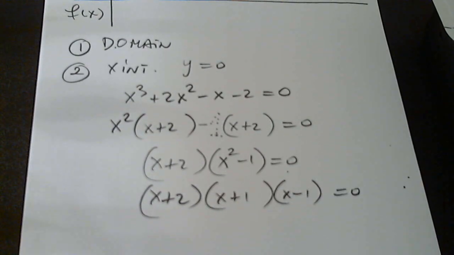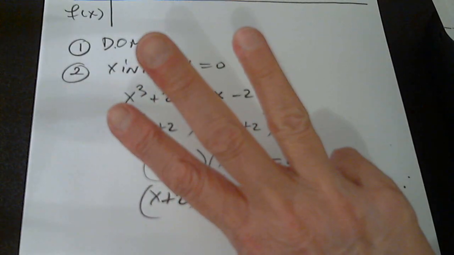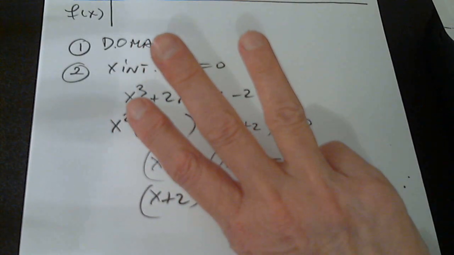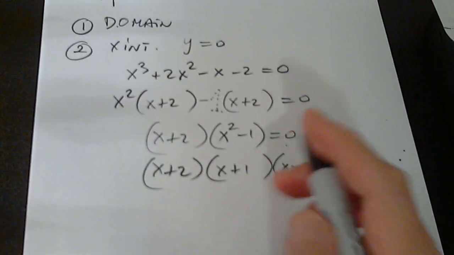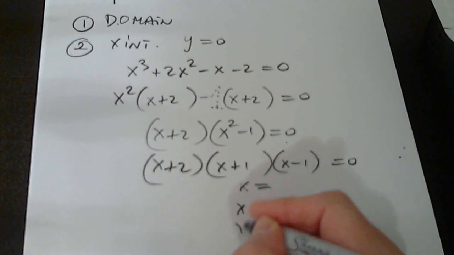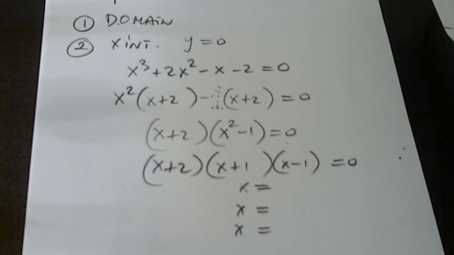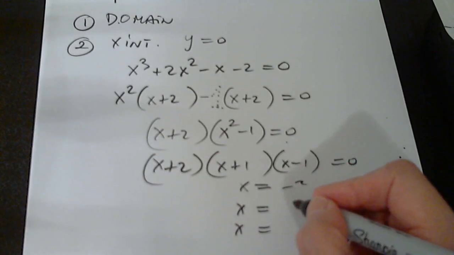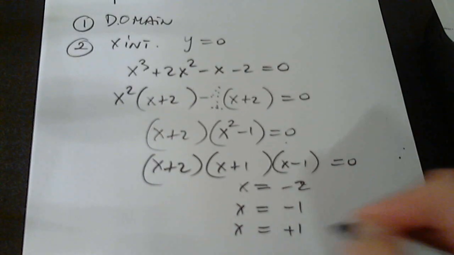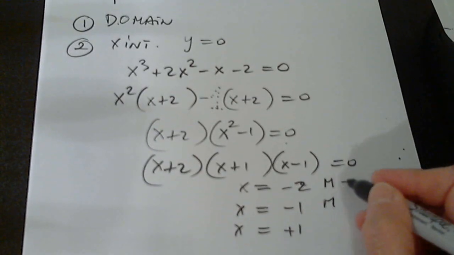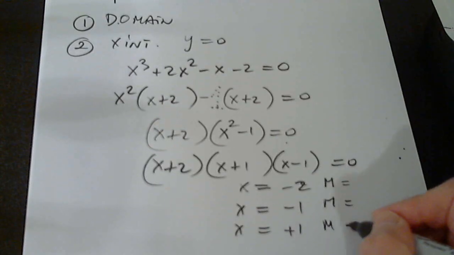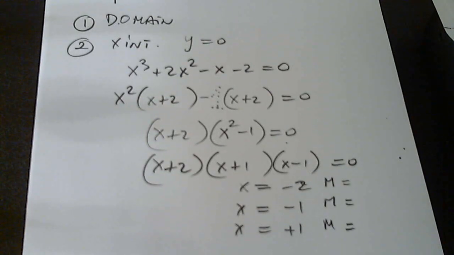Very good. Degree 3, 3 solutions. Real, imaginary, I don't care. 3 solutions. Can anyone give us those 3 solutions? Negative 2, negative 1, and 1. Good. What is the multiplicity of negative 2? Of negative 1? Of 1?